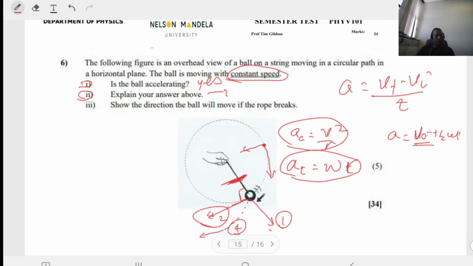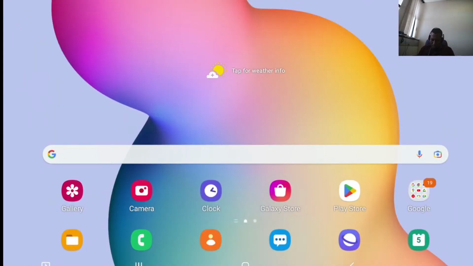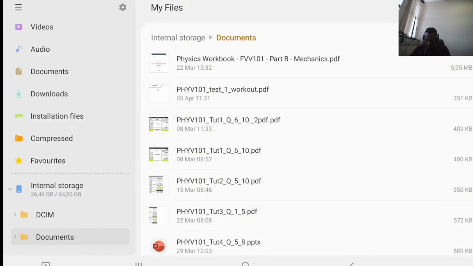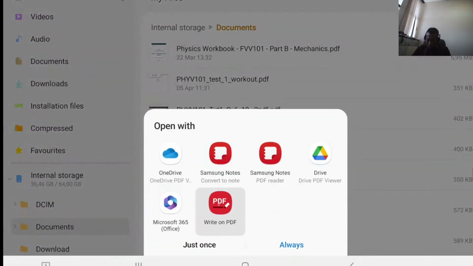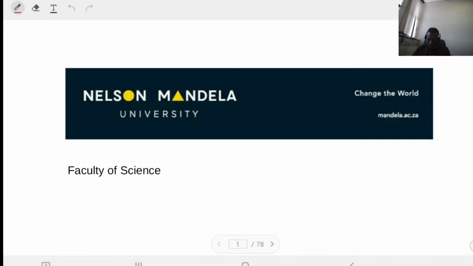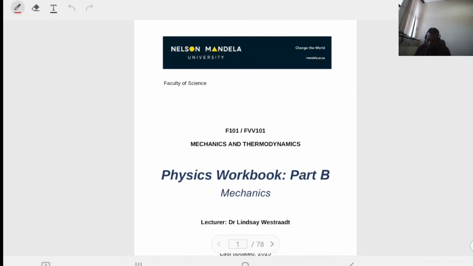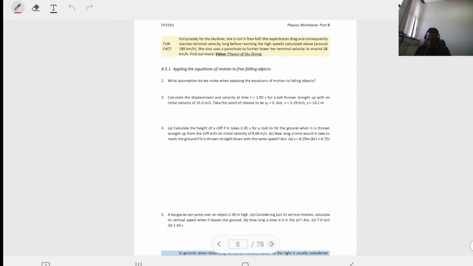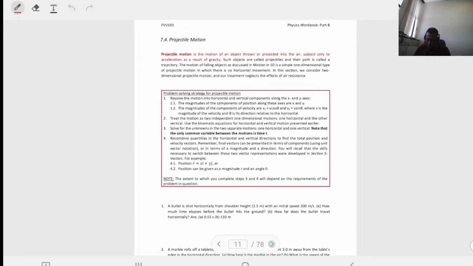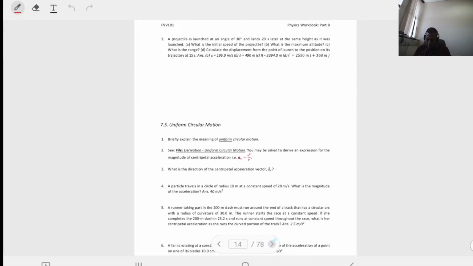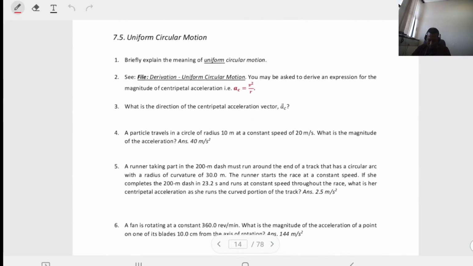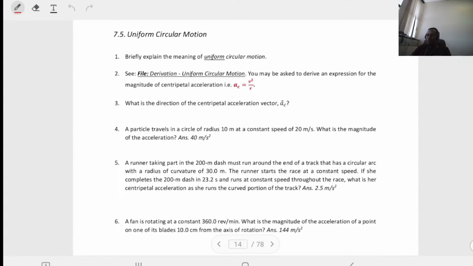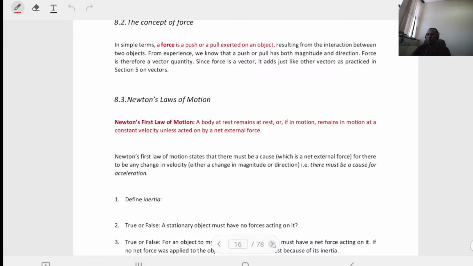And if I could see you guys, especially the FEVV students, just hold on. Let me show you what happened to me last week. I have gone through a physics workbook, part B. I'm going to zoom in a bit. Section 8 point something. I made a mistake. Not a mistake, but I was supposed to give something there. It's 8.4, I believe.